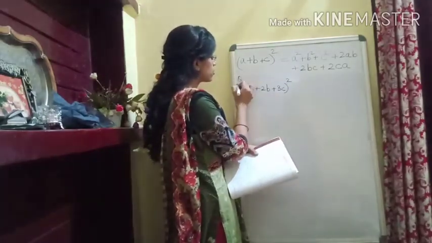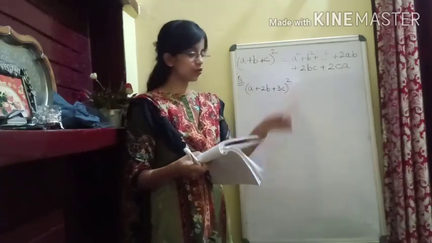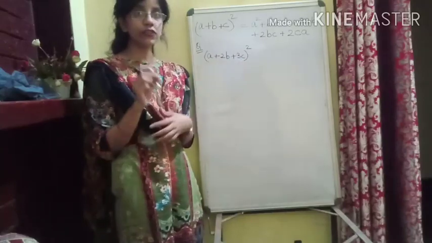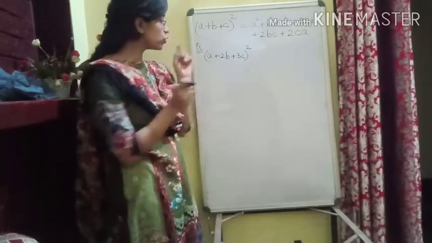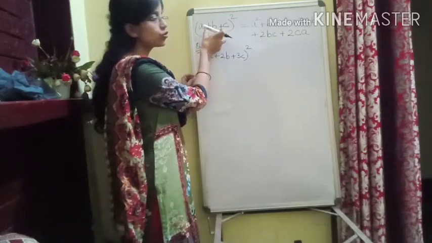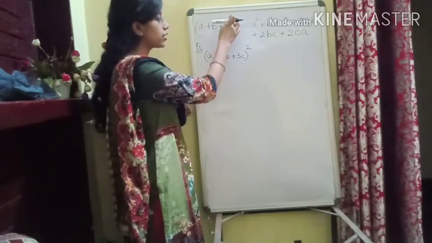So this is our one question. Now if you see which identity we are going to use here, as we see three terms are given, so we are going to use this identity for three terms, (a plus b plus c) and then the square.